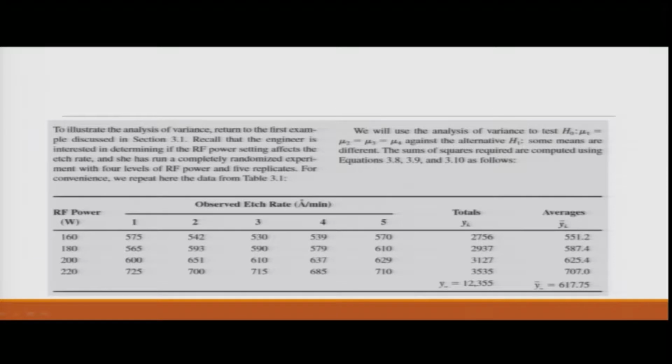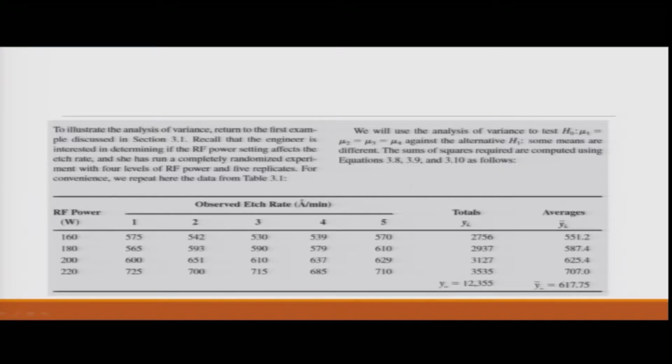Those values are given in the table. The first column is the powers, and the second through sixth columns are the readings in a matrix, and the totals are given in the second last column. If you add up the row corresponding to 160, that is 575 plus 542 plus 535 plus 539 plus 570, you have 2756, the average of which is given in the last column, y bar i dot.